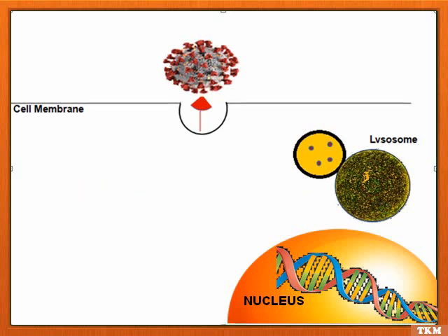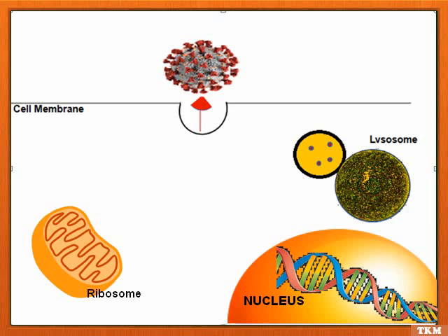So what happens next? Once the virus enters the human cell, it releases its genetic material, which is then copied using the body's existing mechanism. It takes over the host cell's machinery, like the ribosome.